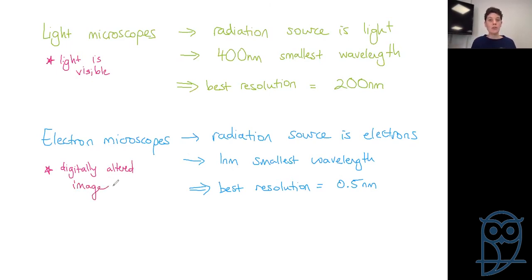And then you've got your transmission electron microscopes, the TEM, and your scanning electron microscopes, your SEM. And each of those are giving you a different kind of image. So a transmission electron micrograph, you've got the electrons actually coming through your specimen, a super, super, super thin specimen.